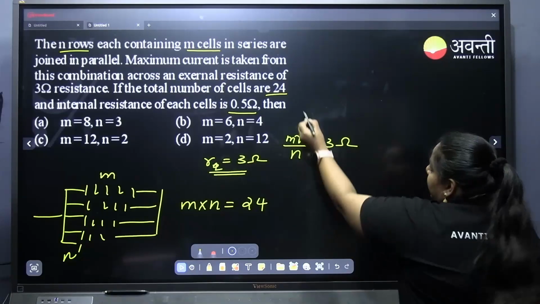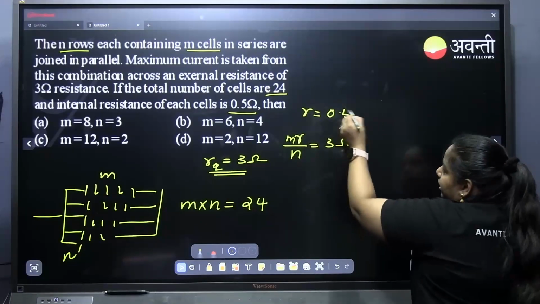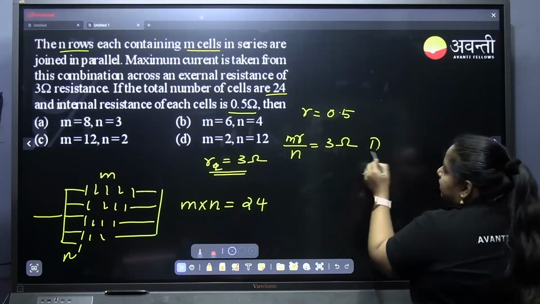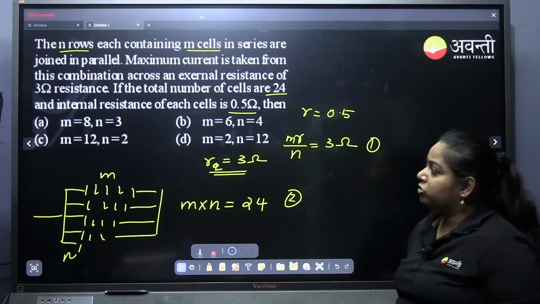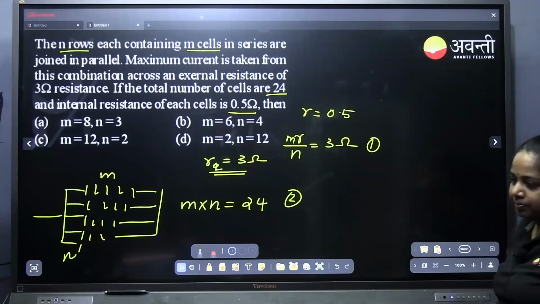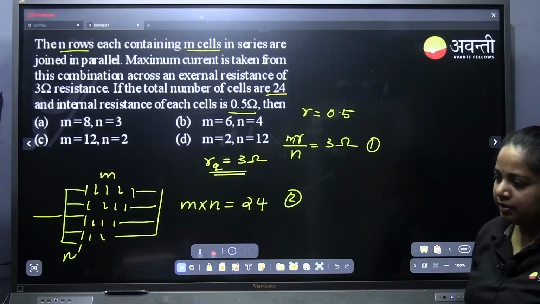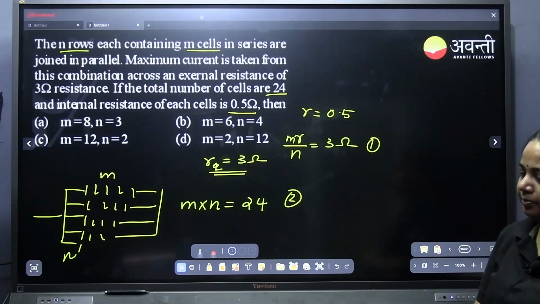So we have equation 1 and equation 2. With these two formulas you have to solve for m and n.